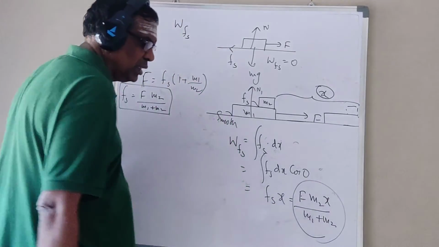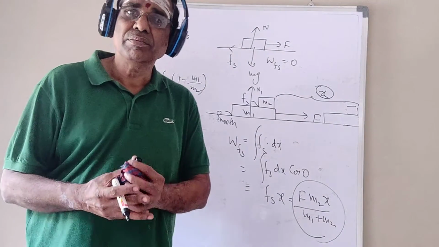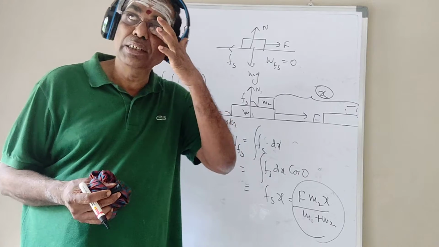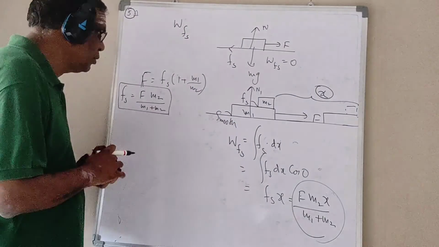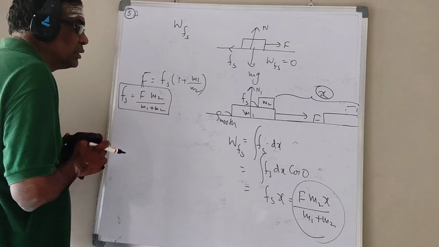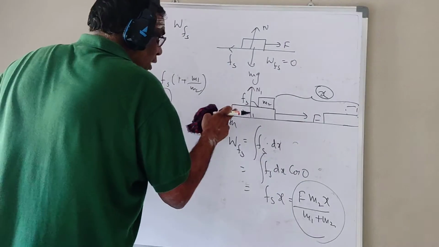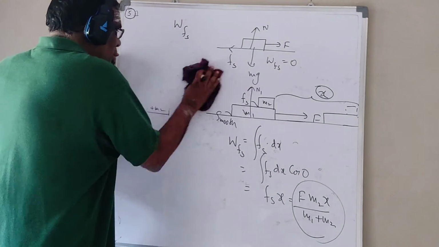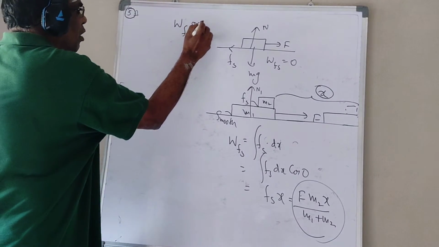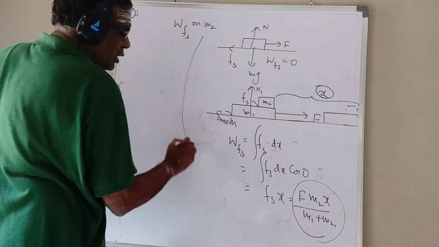This is very important, my dear friends. Positive. Previous case I have shown you that as 0. You get the point. This is very important. In the case of M1, now work done by Fs on M2 is this one.